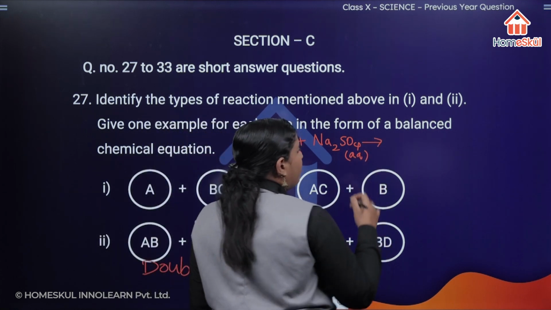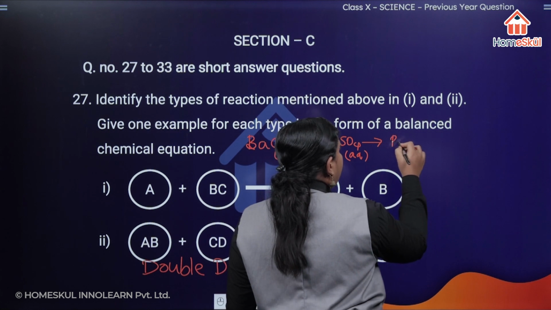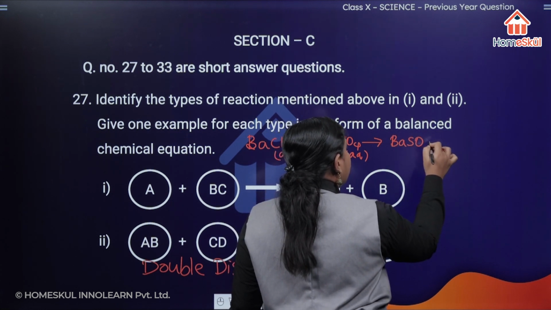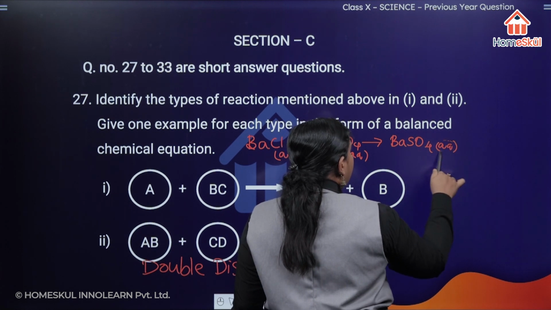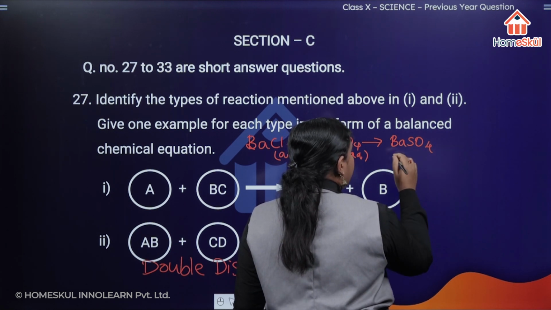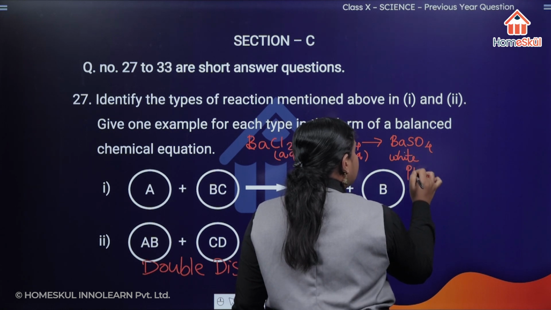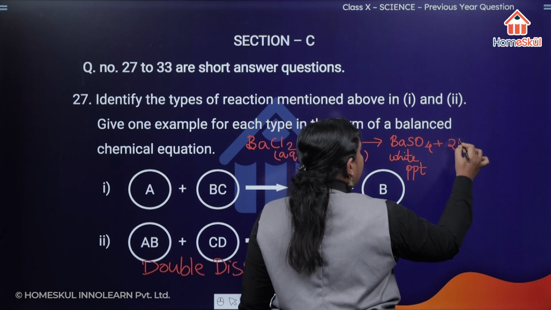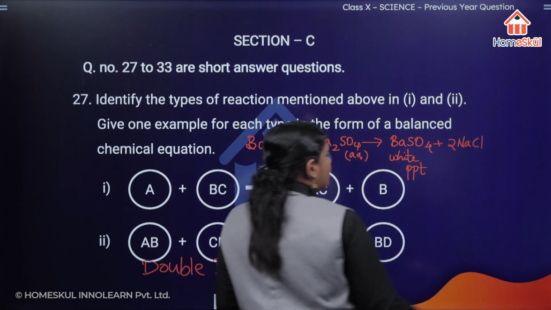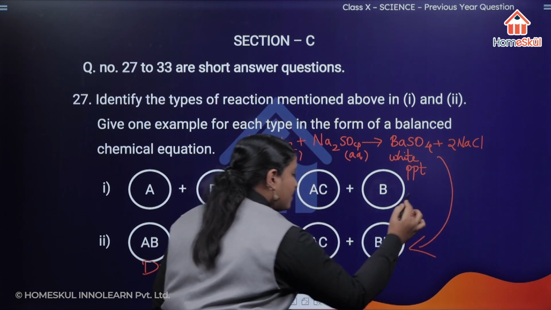Yes, that is an example for a double displacement reaction. So, you will get barium sulfate, BaSO4, and this barium sulfate will be a white precipitate, isn't it? This will be a white precipitate, and the second product will be 2NaCl, sodium chloride. So, that is the equation showing the second one.